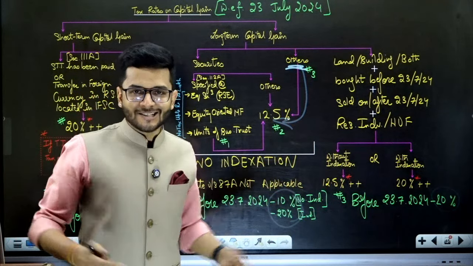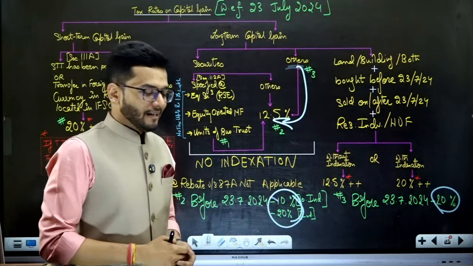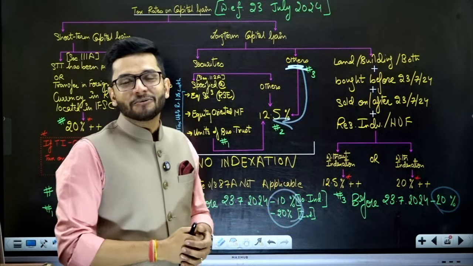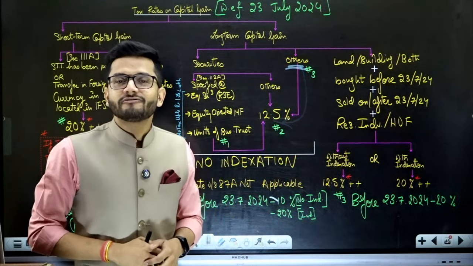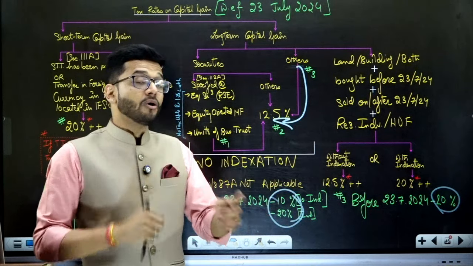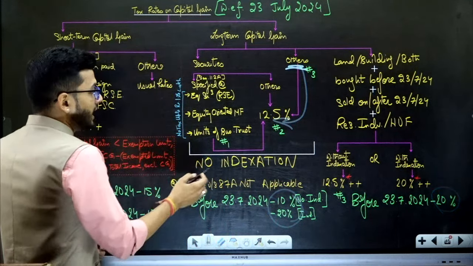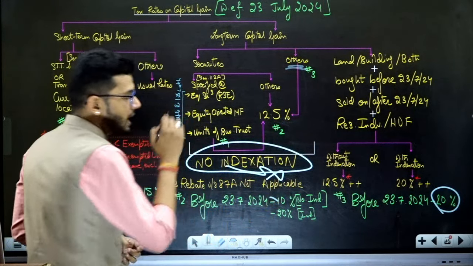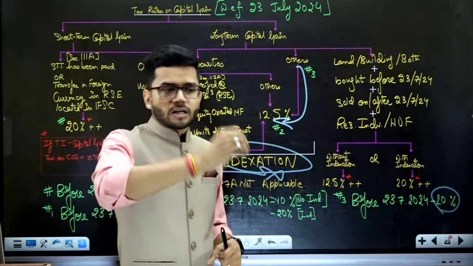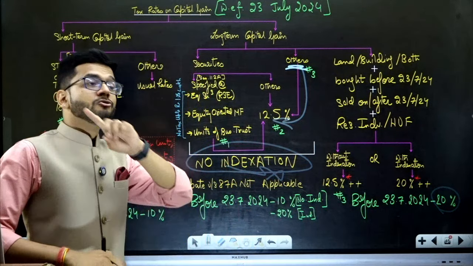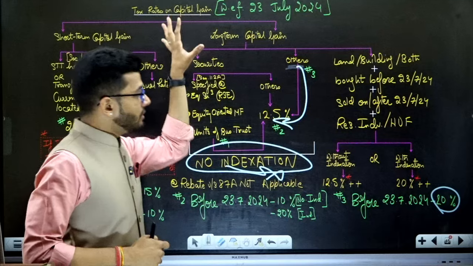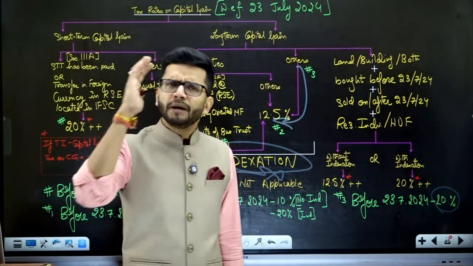But as it is said, no meals are free in this world. No lunches are free in this world. Government has given you a benefit of reduced tax rate, but has withdrawn a substantial benefit, which is indexation. No indexation will be applicable henceforth, which means starting from 23rd July 2024, no indexation will be applicable on any long-term capital gain. And it's a big blow.